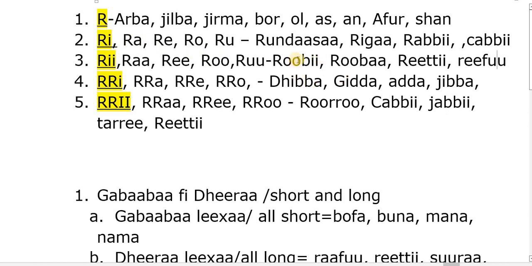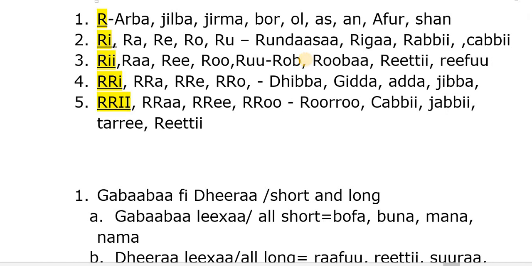For example, if I change this word roba to something like robi, it is not an Oromo word. Or if I make it silent, rob, it's not an Oromo word at all. It's not correct. Robi is the right Oromo word.